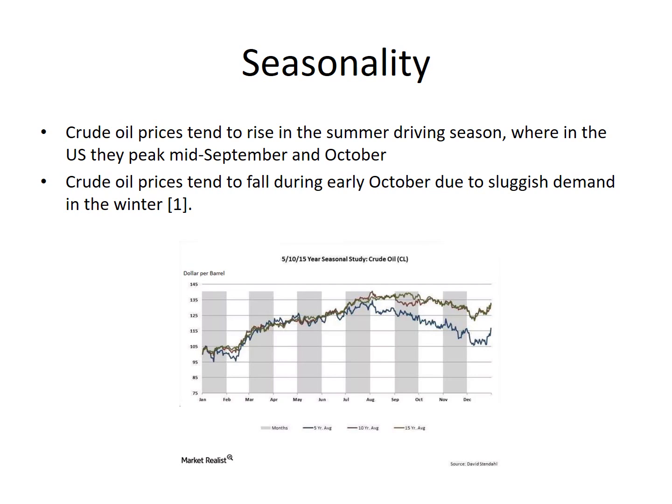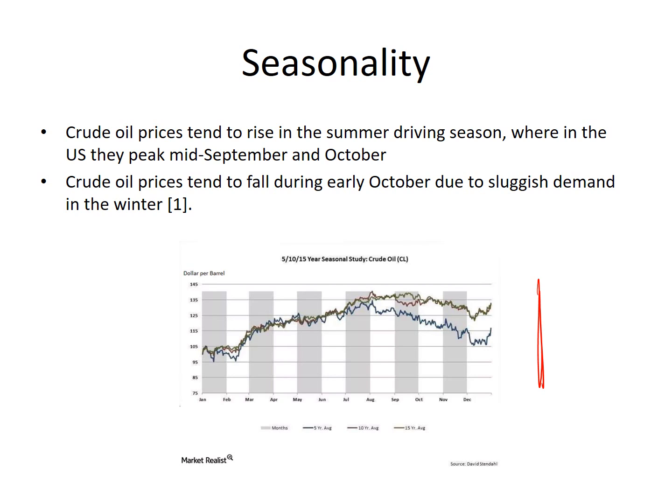Okay, and other things we can include is seasonality. If we consider crude oil, for example, prices tend to rise in the summer driving season in the US. As we see in this graph down here, they peak mid-September and October.